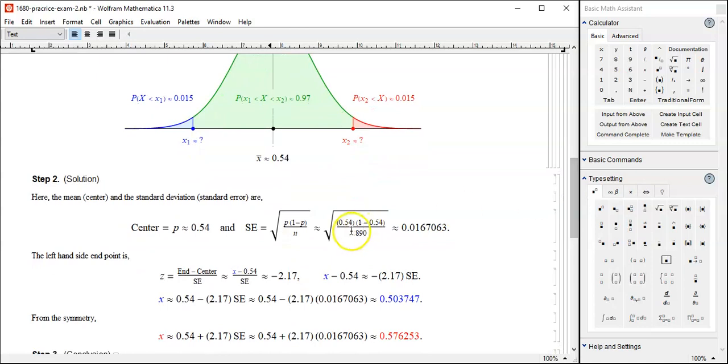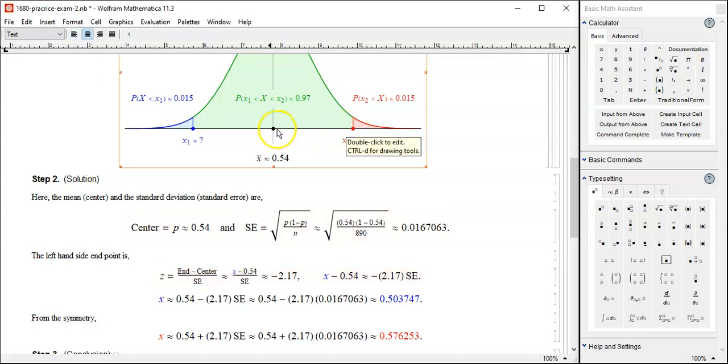So we don't use the other. Just 0.54, 1 minus 0.54, and the sample size is 890. So calculate this number using your calculator. You're going to get 0.0167 something. That's going to be your standard error. That's going to go down to the denominator.